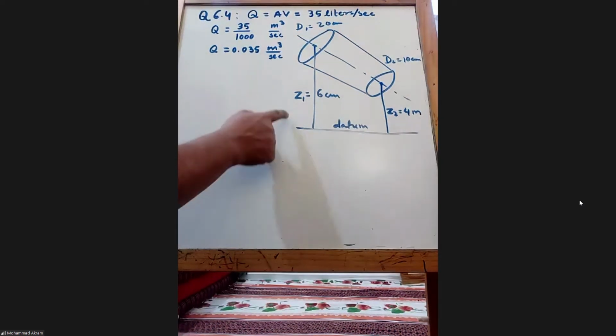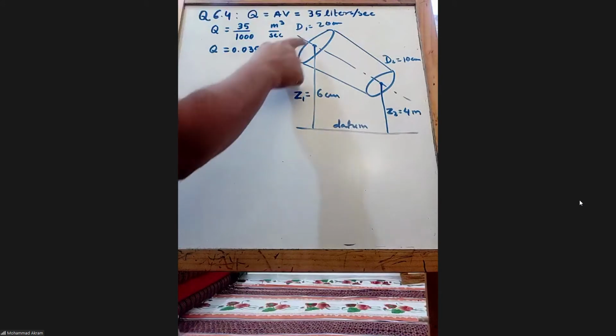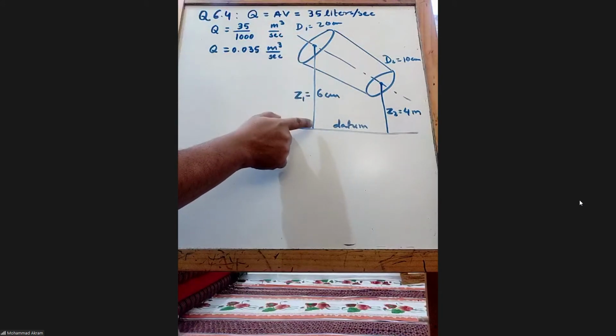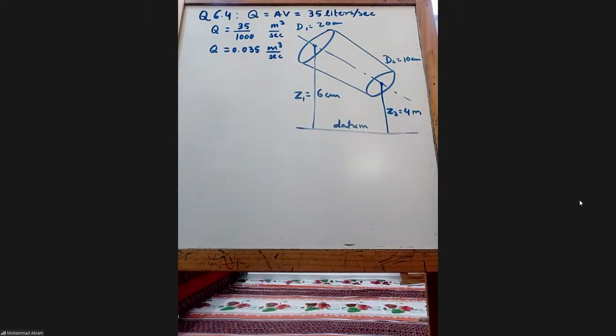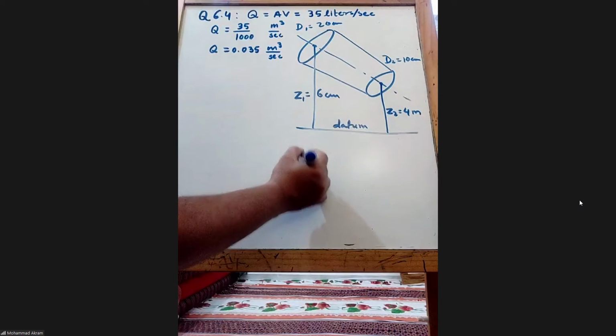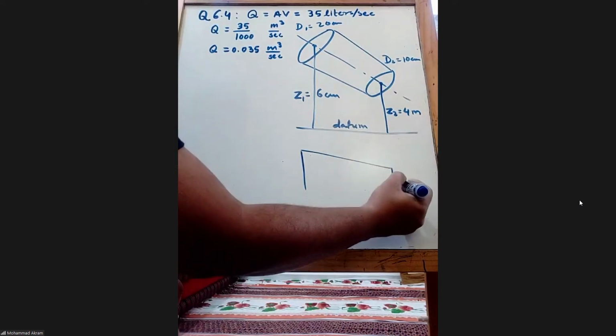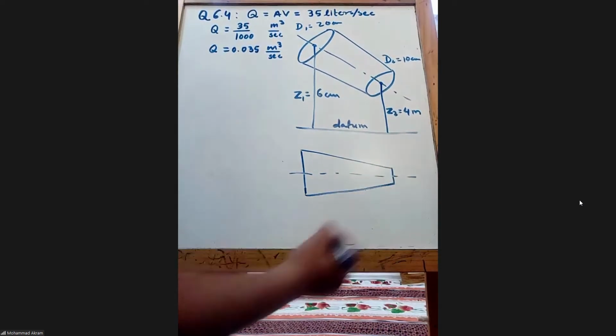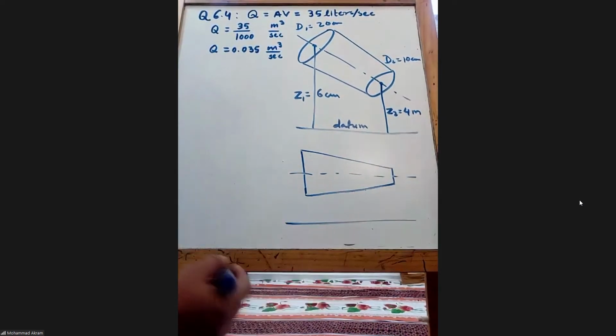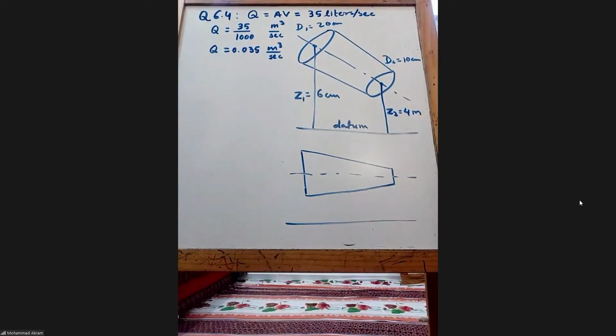See, this datum is the center point, from the center point to the reference, or reference to the center point. If I take a pipe like this, then this will be the center, right? So what is happening here? Z1 is equal to Z2. Yes, I understand.